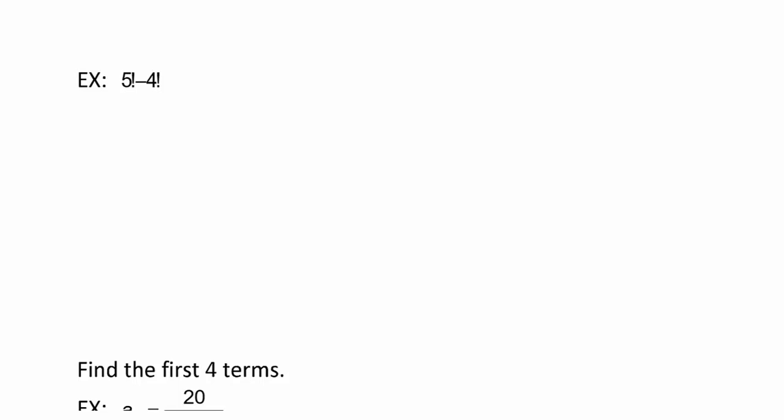Okay, so we have 5 factorial minus 4 factorial. I'd probably do the smaller number first, because once I get 4 factorial, I just have to multiply that answer by 5 to get 5 factorial. So 4 factorial, that's 4 times 3 times 2 times 1.